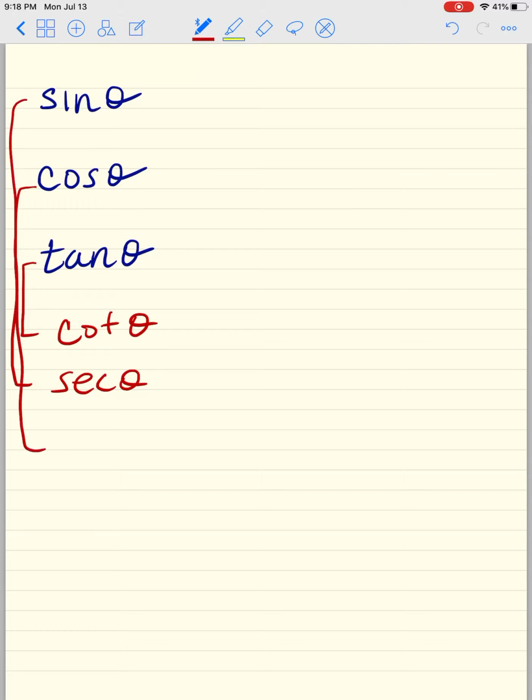And the reciprocal of sine as cosecant. All right, here's the trick. You start off plus, minus, plus, minus, plus, minus. Okay, that's your first step. Everything that starts with a C gets a negative for its derivative.